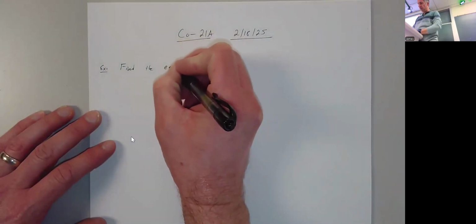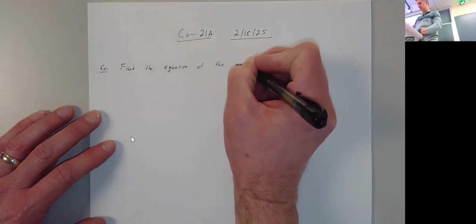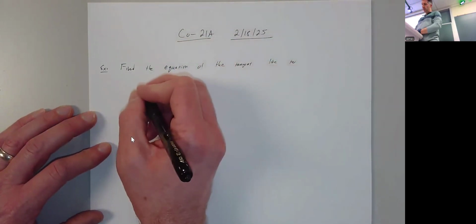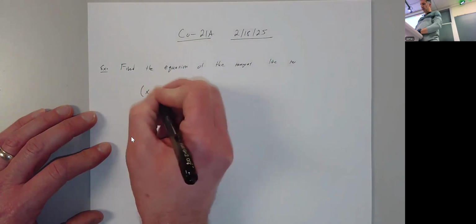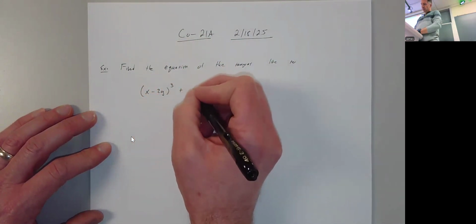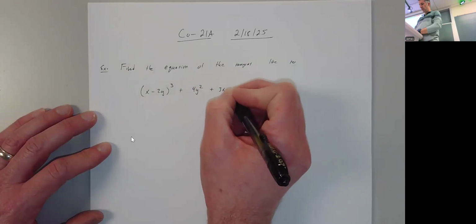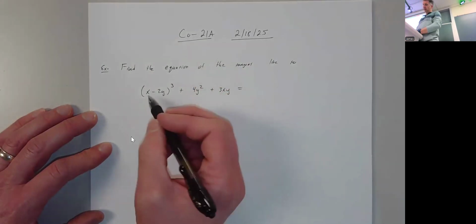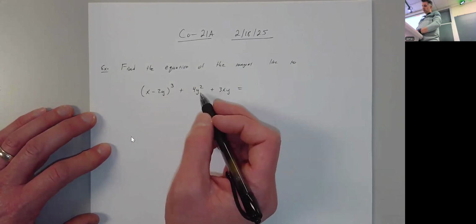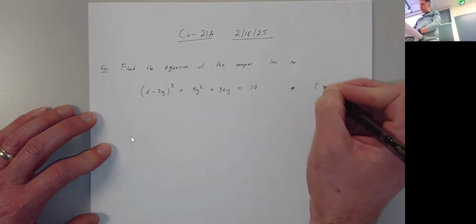Find the equation of the tangent line to, let's say we have, sure, why not, x minus 2y cubed plus 4y squared plus 3xy equal to 10 at the point (2, 1).